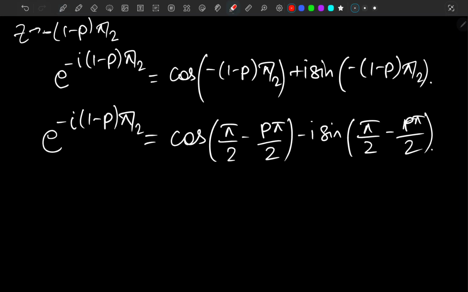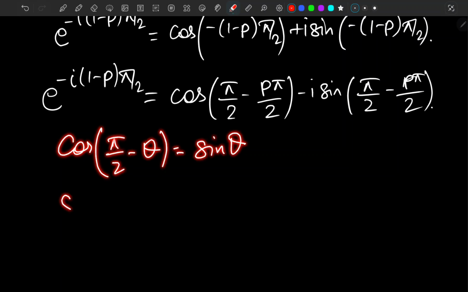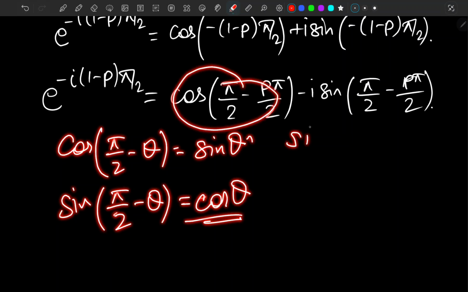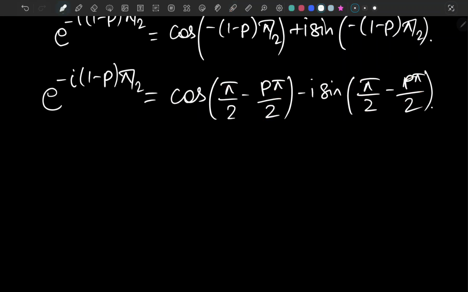And again we know that cosine of pi over 2 minus theta is sine theta, and vice versa: sine of pi over 2 minus theta is cosine of theta. So we can replace this one with sine of p pi over 2 and this one with cosine of p pi over 2 from these two identities.